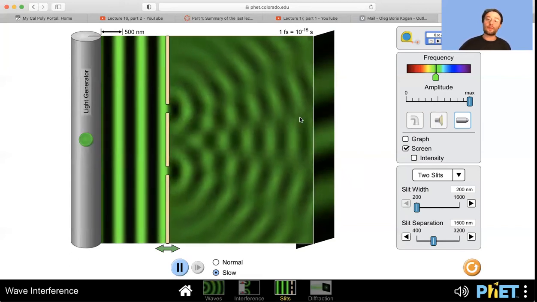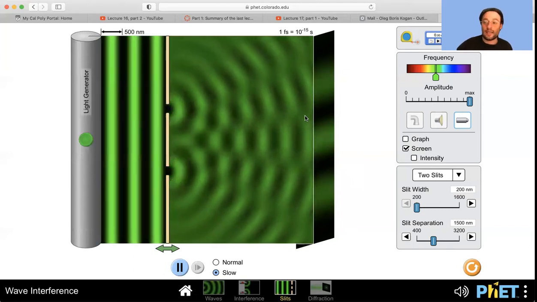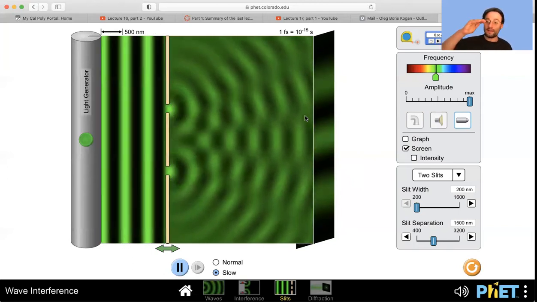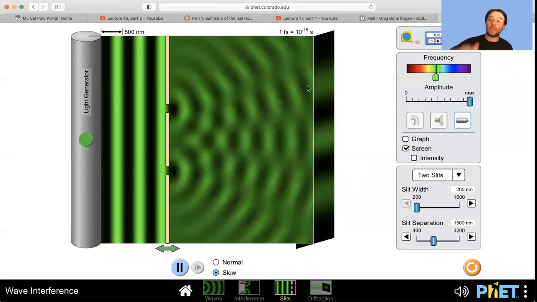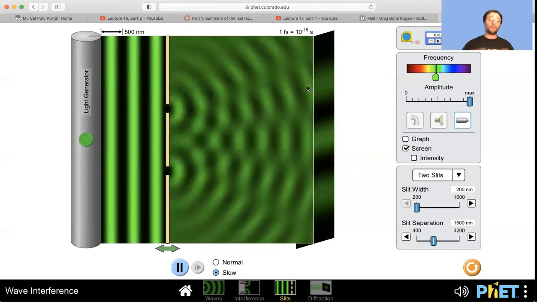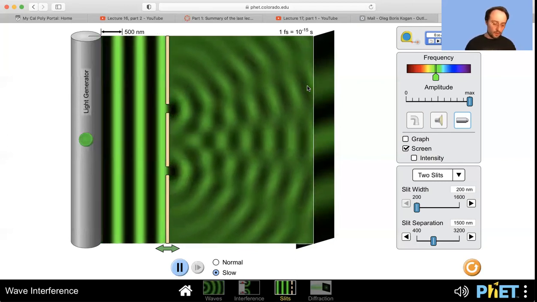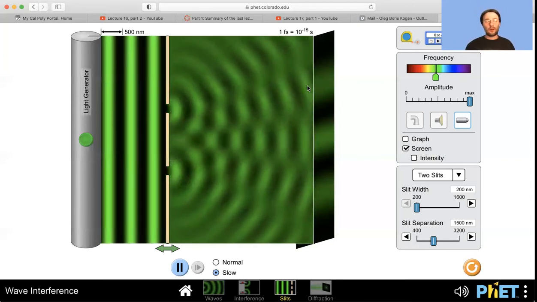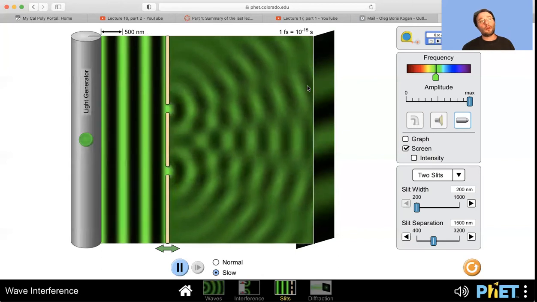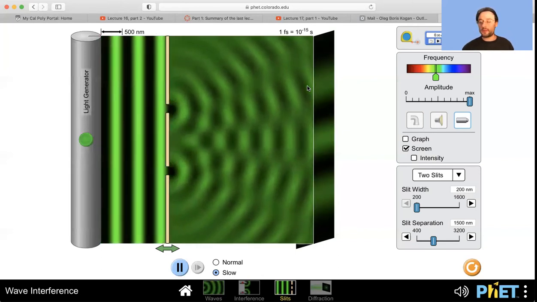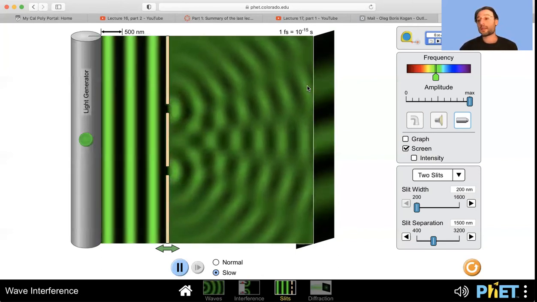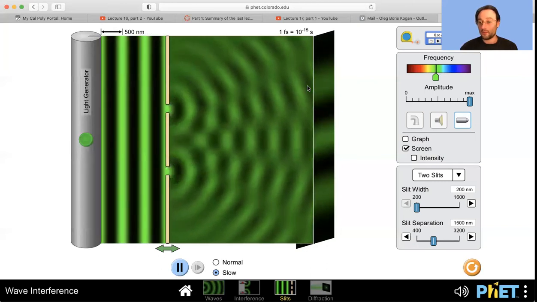If these were water waves, and I was to place a rubber ducky right here, it would just basically be quiescent. But if I place a rubber ducky here, it would go up and down. Hopefully you all remember this experiment from Phys 2 here at Cal Poly. I believe it's experiment 5 or something like that in Phys 2. And this is the review. This is supposed to be a review.